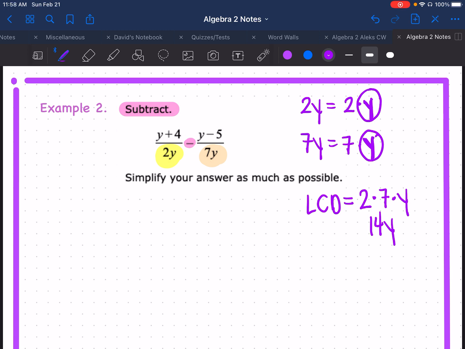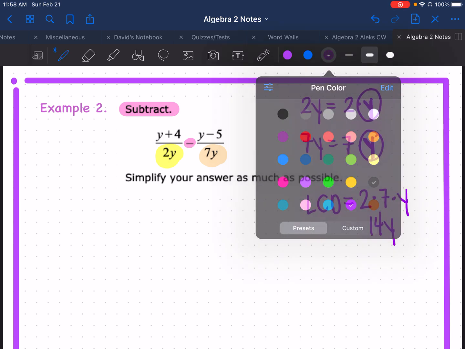But it's nice to think of it in its multiplication form because this is going to help me when I come up here and I have to decide what I'm going to multiply this rational expression by and what I'm going to multiply that rational expression by. All right, let's go ahead and do our multiplication.